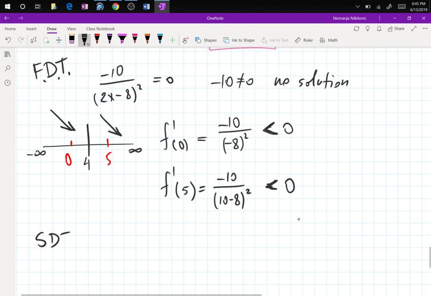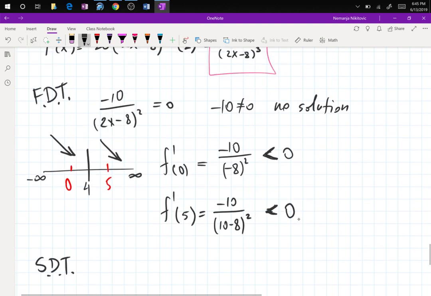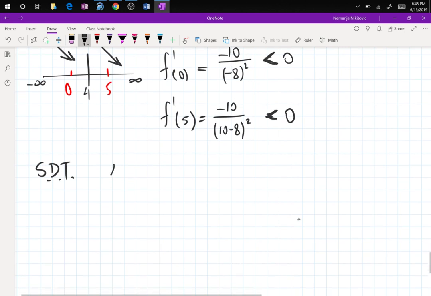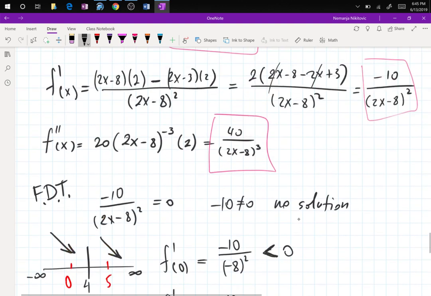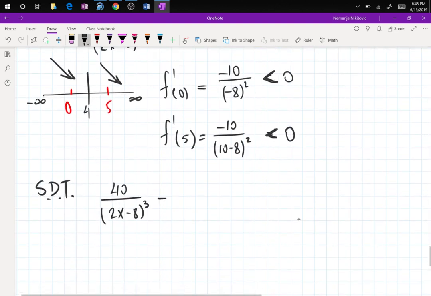Second derivative test. We take the second derivative, which is 40 over 2x minus 8, cubed. Equal to 0. And again, 40 is not the same as 0. No inflection points.